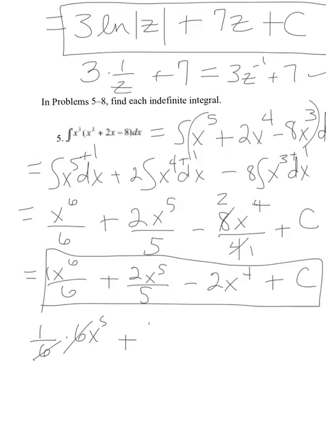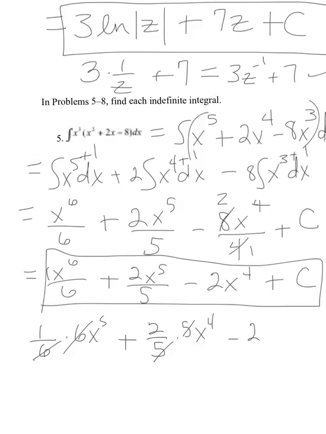Plus, on this one, if I have 2/5, and then with my x to the 5th, I pull down the 5, take away 1 from the exponent, that would be x to the 4th. Is there my 2x to the 4th right there? And then I had a minus 2x to the 4th, so I still have that minus 2, but I've got to do what when I differentiate x to the 4th?